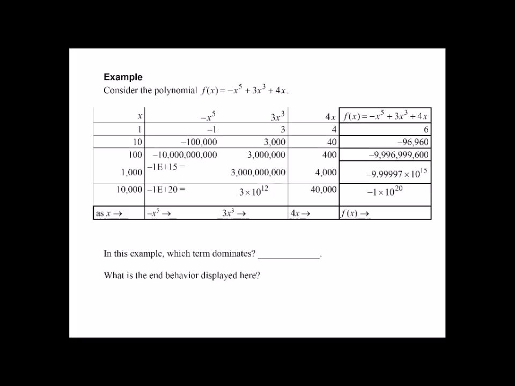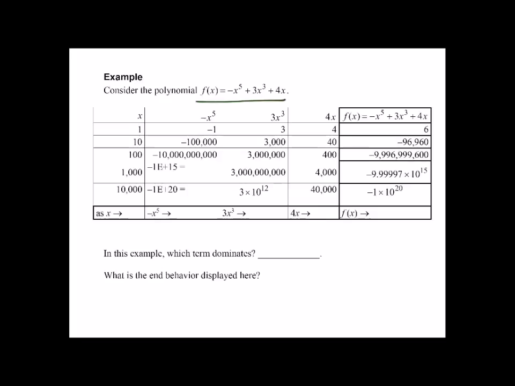In this next example, it gives you a numerical way of determining the end behavior when the graph of the function is not readily available. So if we're just given a polynomial function like the following, how do I know what the end behaviors are simply by looking at the polynomial function? So let's investigate what happens here.